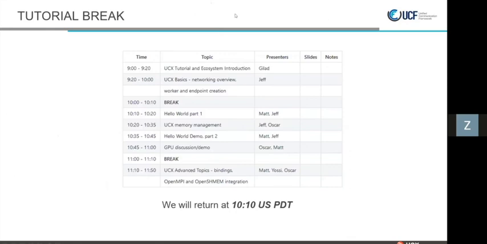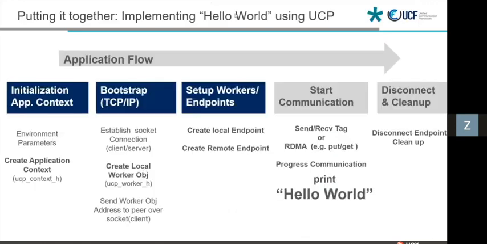Hey, Jeff, can I ask a question real quick? Kind of just to clarify the endpoint worker scaling, going back a few slides where you had that picture. Yeah, there.